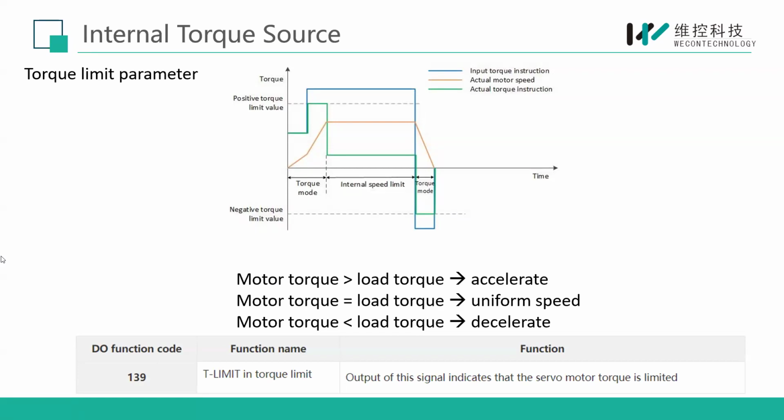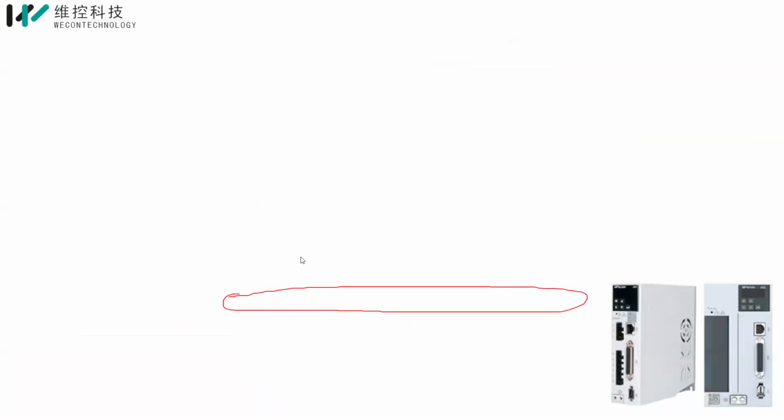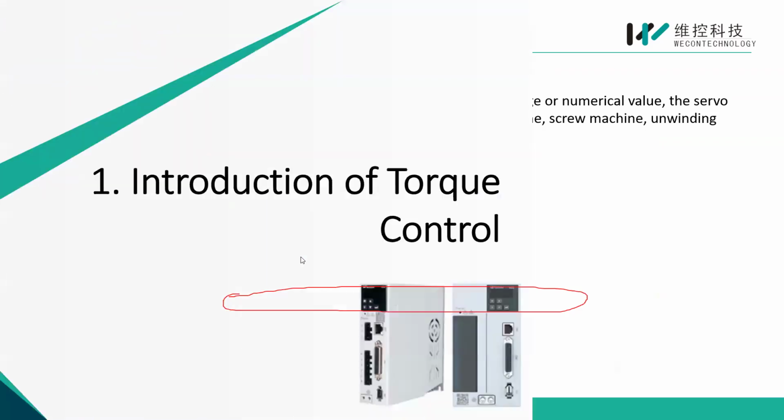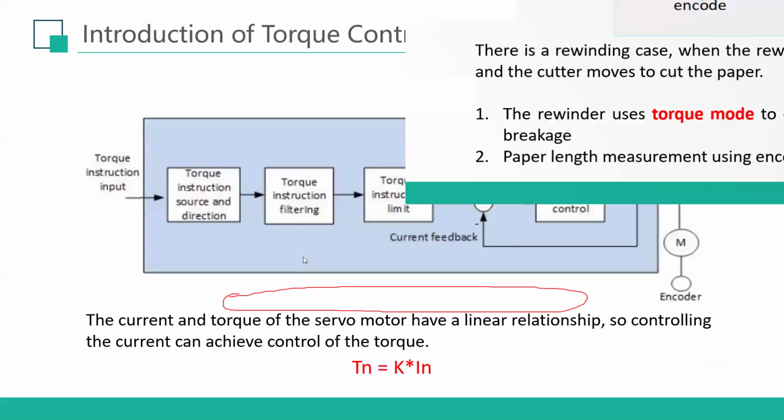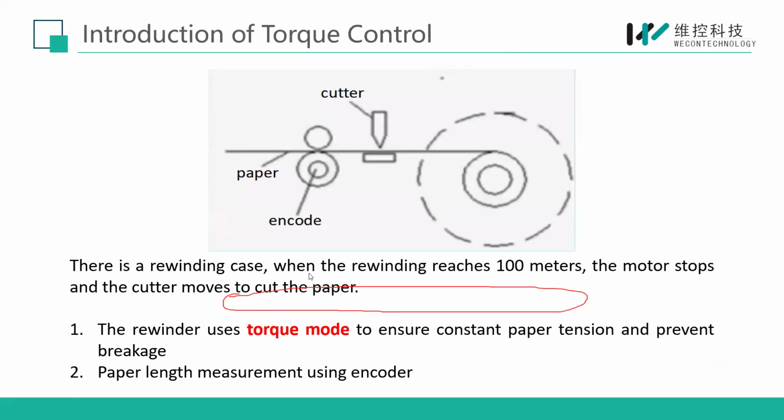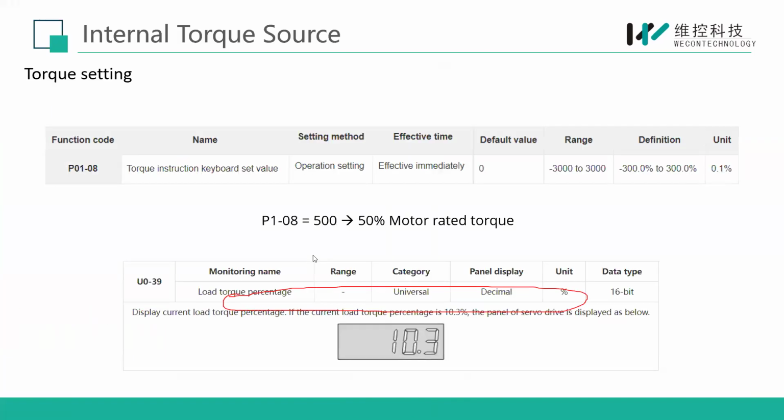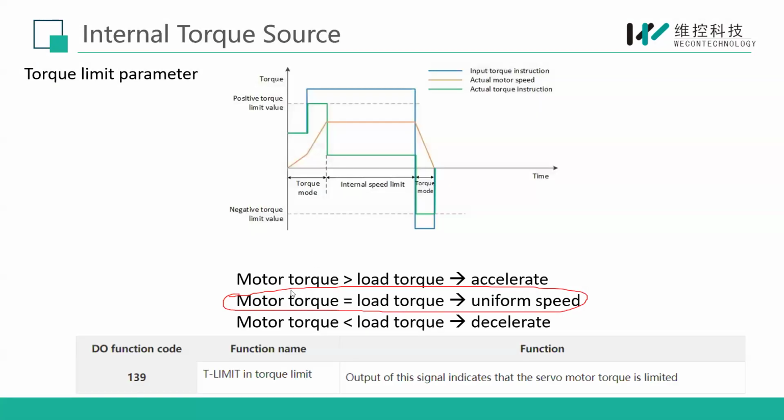So for this case, we usually set the torque of the motor the same as the torque of the rod. Here the rod is the paper.